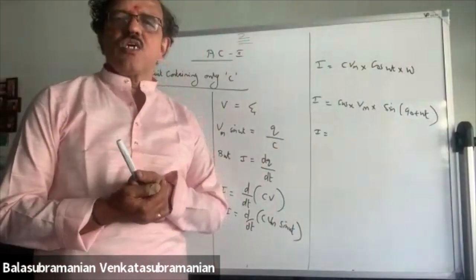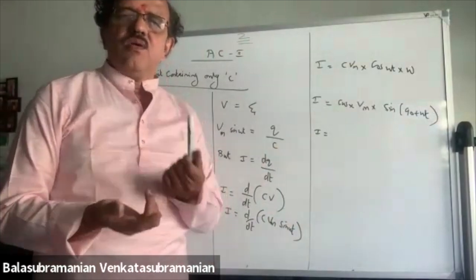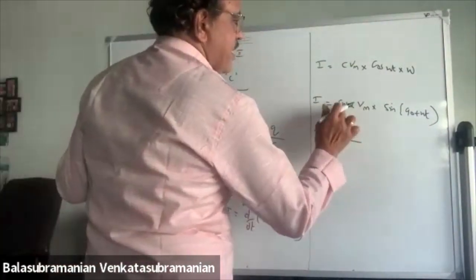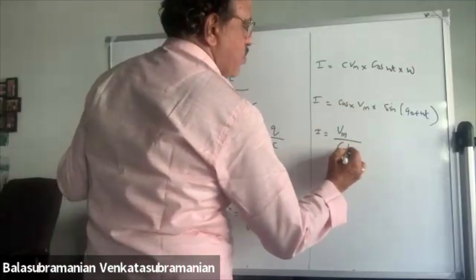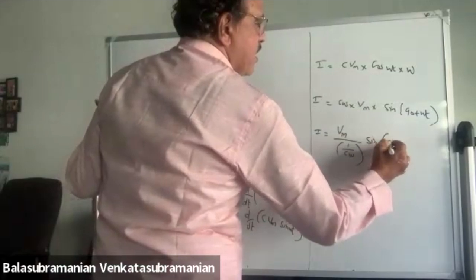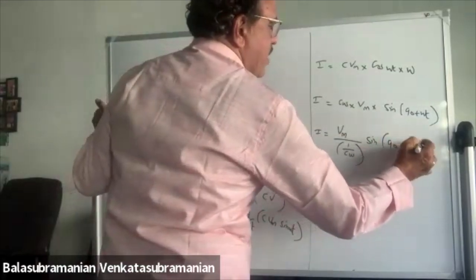Original value should not be changed. How to take it? Vm over the denominator, we can write this as 1 by C omega, sin 90 plus omega t.